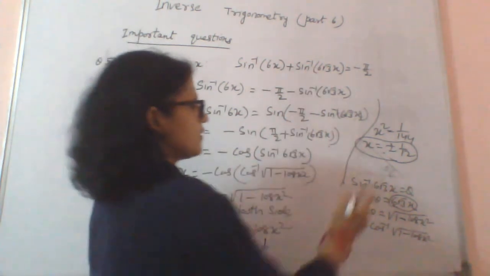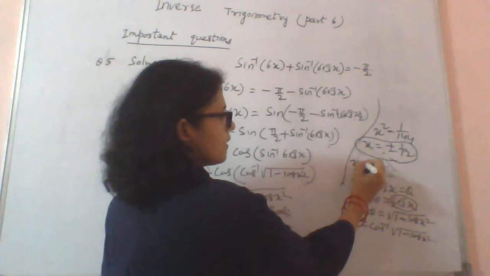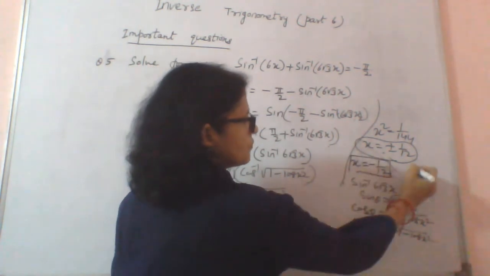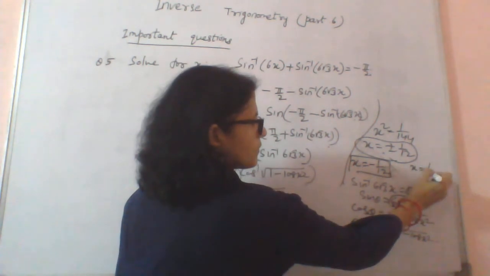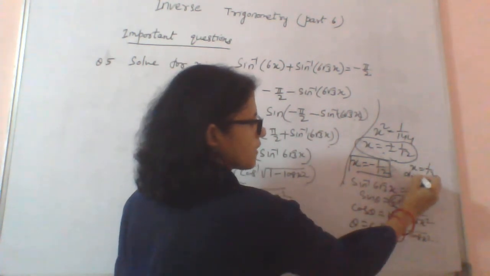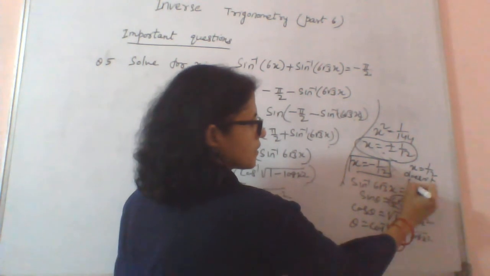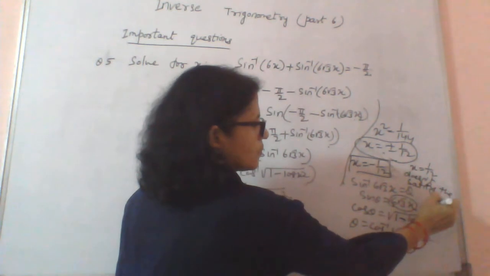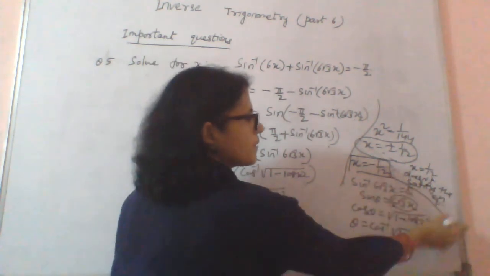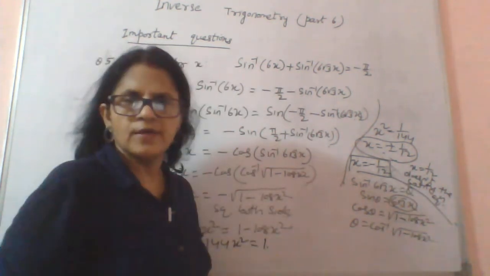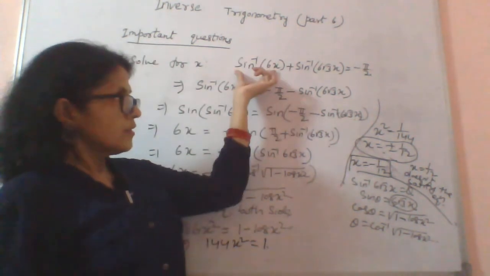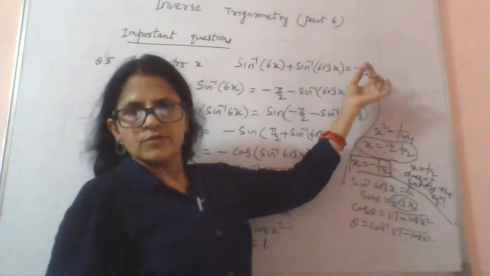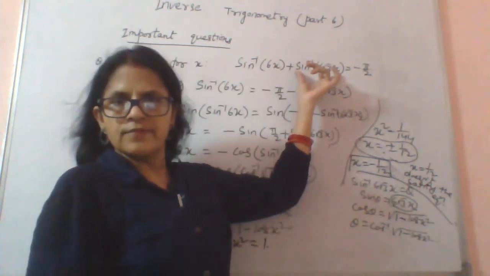So for that reason you can write x equal to minus 1 by 12. This is the root. Okay, x equal to 1 by 12 doesn't satisfy the equation. Did you understand why it's not satisfying? Because the sum of these two is negative, so these two must be negative.